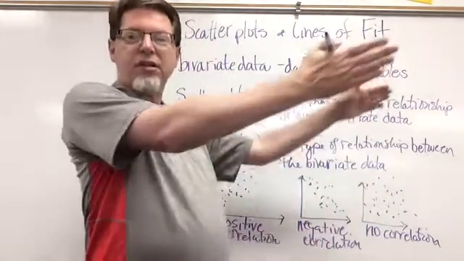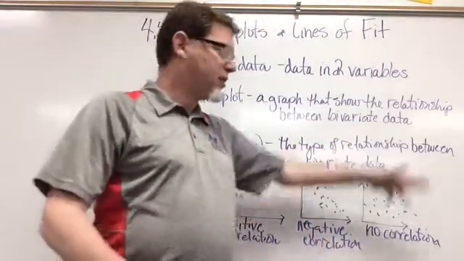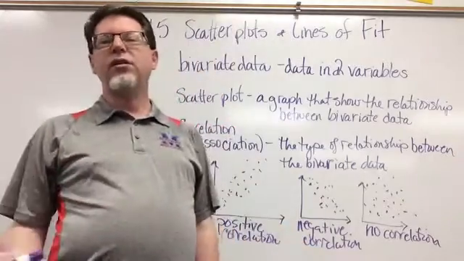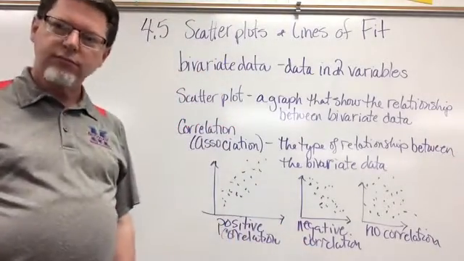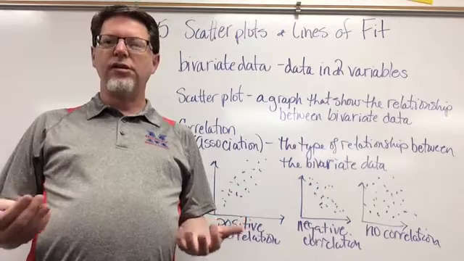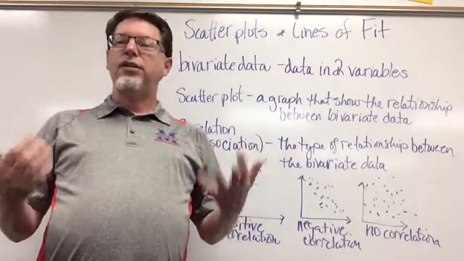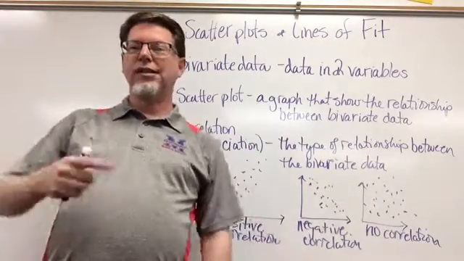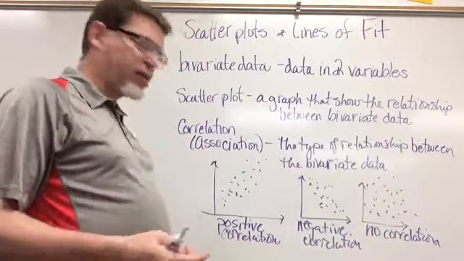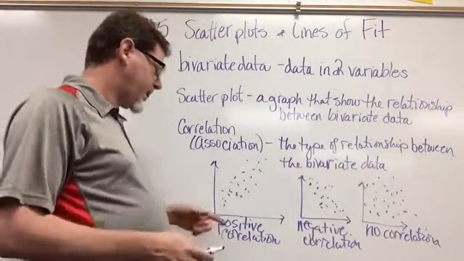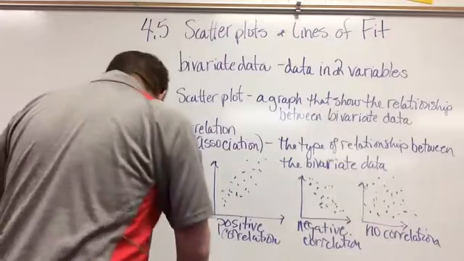You can't really see if anything's increasing or decreasing. They're just all over the place. So that would be no correlation at all. So it's important that we understand the different types of correlations because that's going to be important as we keep going.